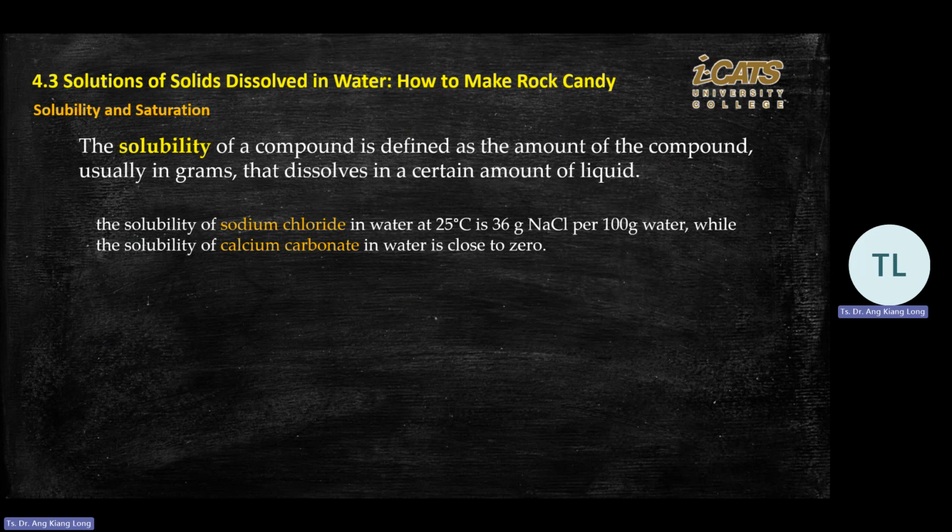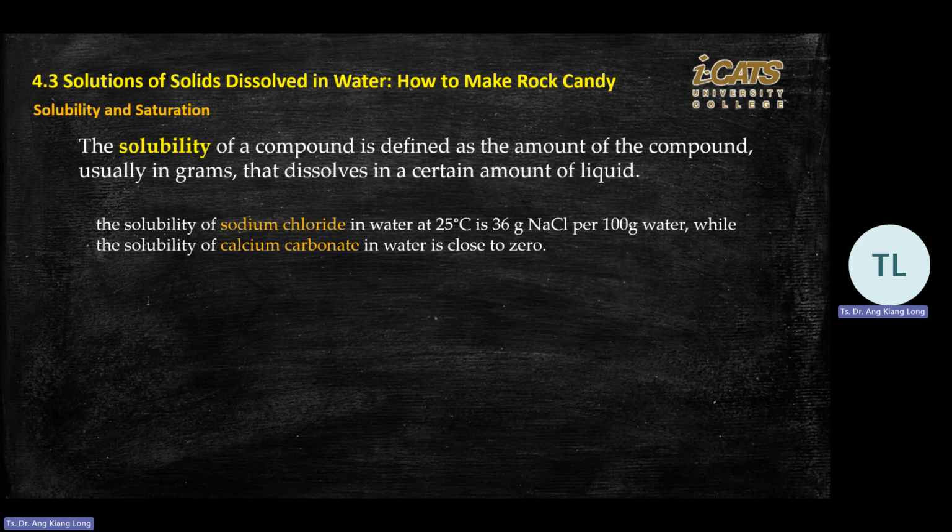Then you put in salt, NaCl. This one is the solute. You put 36 gram into the water. It's called the solubility of NaCl, 36 gram.